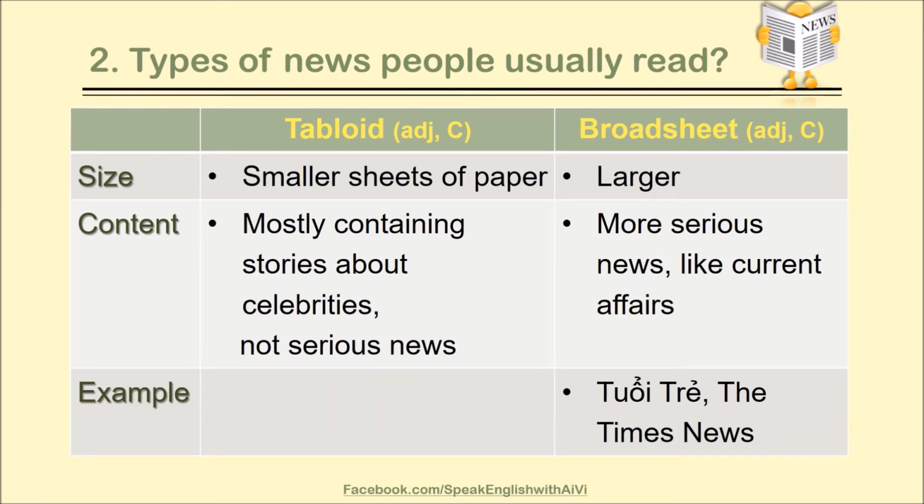Alright, we have the words tabloid and broadsheet. These two words can be used as an adjective or a countable noun. So you can say, I think reading tabloids is really entertaining. Another example is, it's necessary to read broadsheet newspapers to keep myself up to date with current affairs every day.